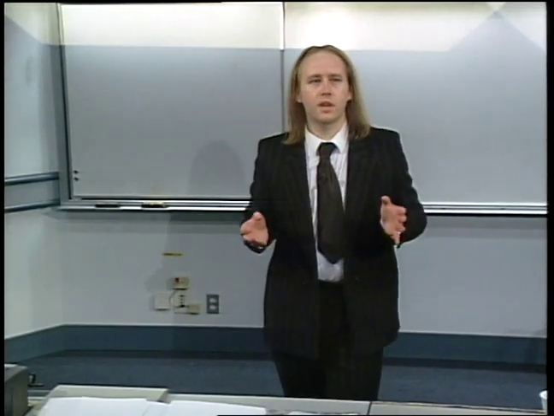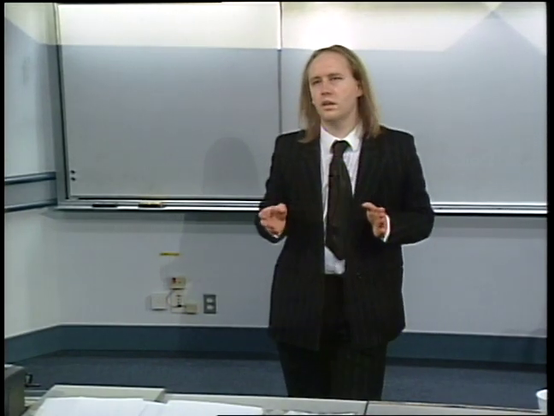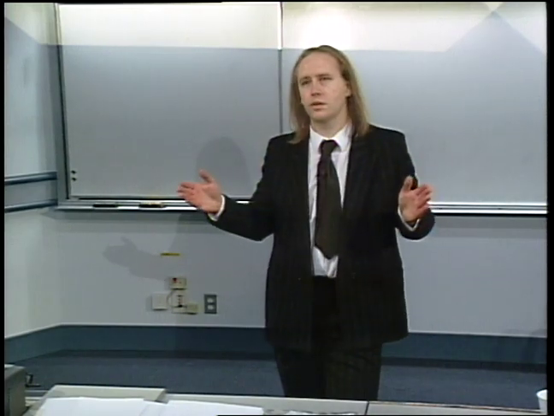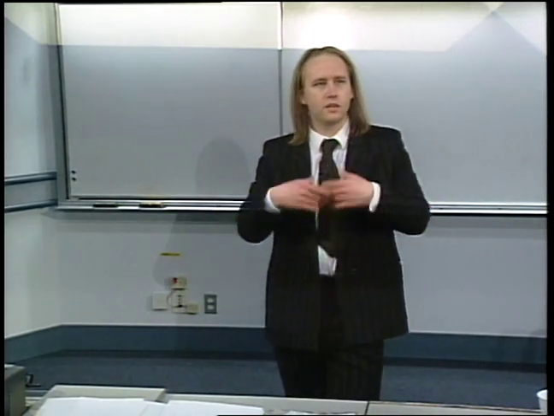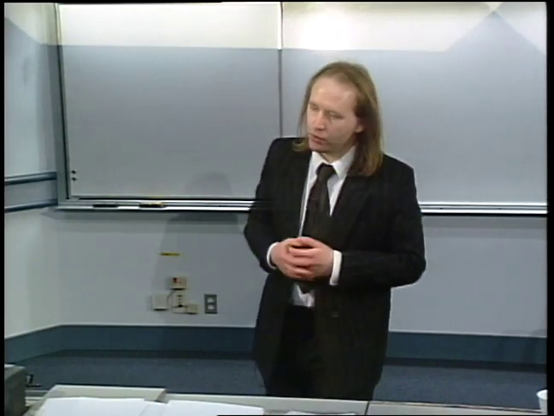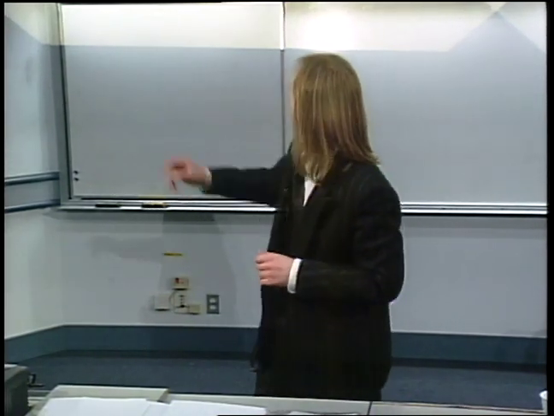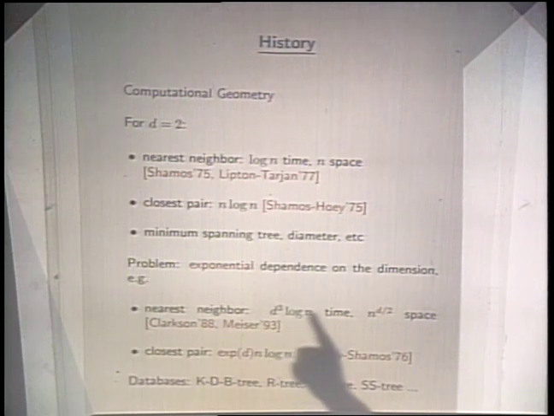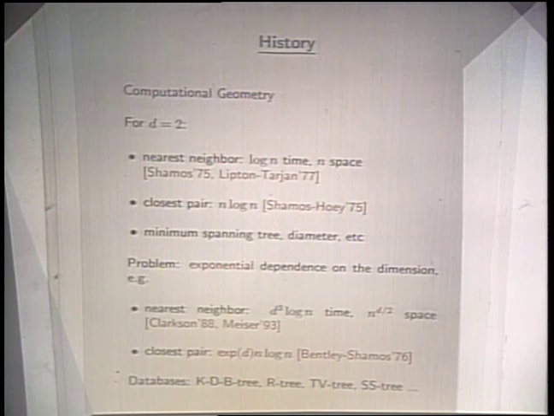Unfortunately, the problem is that those algorithms don't scale well as the dimensionality increases. In fact, the dependence of the running time is exponential in the dimension. For example, the nearest neighbor problem can be solved with fairly efficient query time, however the space is horrendous. It's exponential in d, so it's not possible to apply this algorithm even for small n and d.